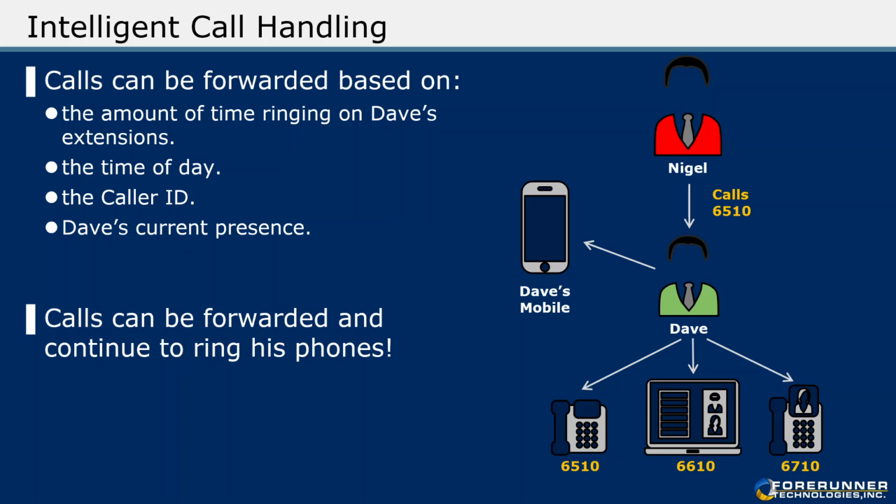But it's not that Dave has to individually forward each of his devices to a destination. He forwards himself to the destination. And the devices can still ring while the call is being forwarded. That's an option.